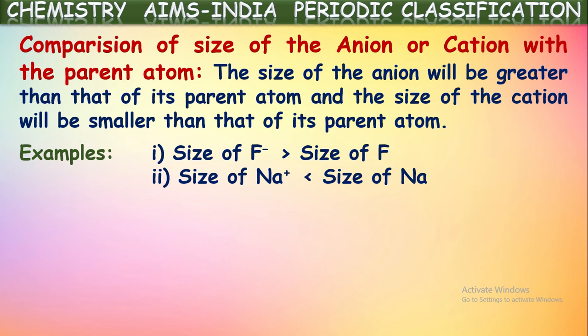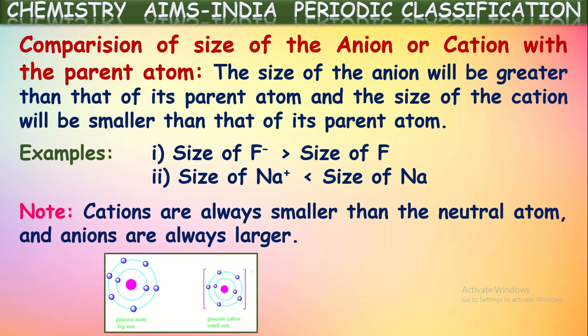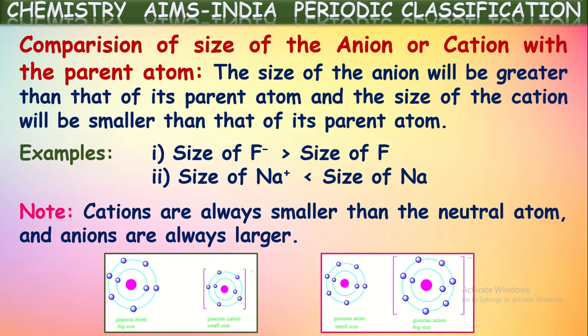So the nuclear charge will be 11 units, and the number of electrons will be only 10. Between these two, attraction increases, hence size decreases. So positive ions have a smaller size than the neutral atom, whereas negative ions, that is anions, have a greater size than neutral or parent atoms. Cations are always smaller than the neutral atom, whereas anions are always larger than the neutral or parent atom.